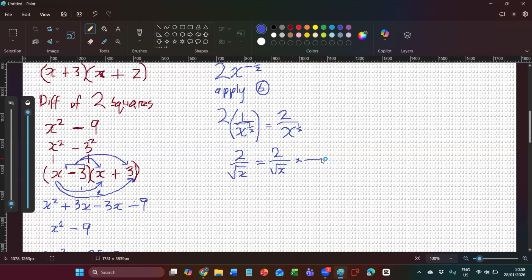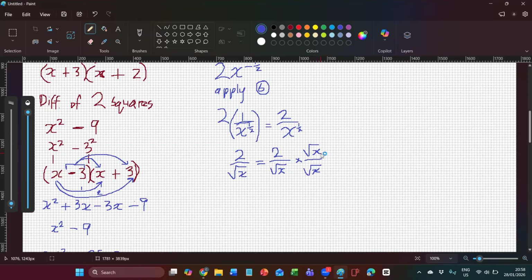Times square root of x over square root of x. Anything you do to the denominator for your fraction to balance, you must also do to the numerator. If not, the fraction is not balanced.